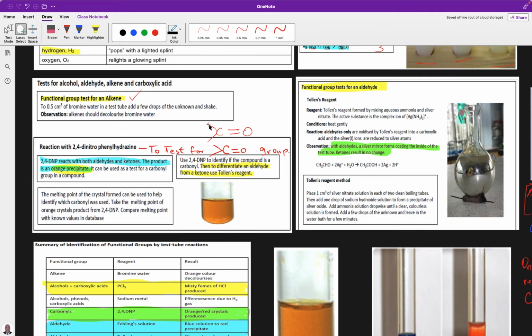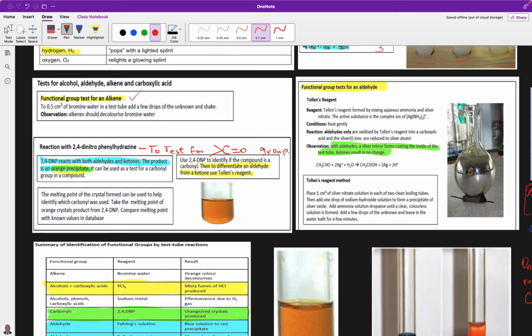The C double bond O is a functional group found in carbonyl compounds. Any compound containing C double bond oxygen tells you that it is a carbonyl group.